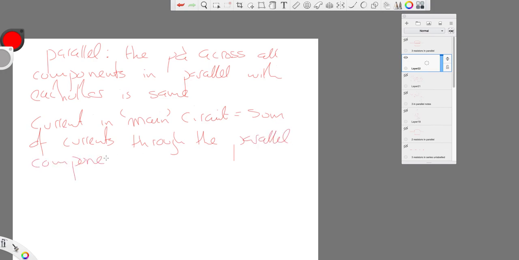Now all of that is a summary of what we have seen as we've gone through the various scenarios.